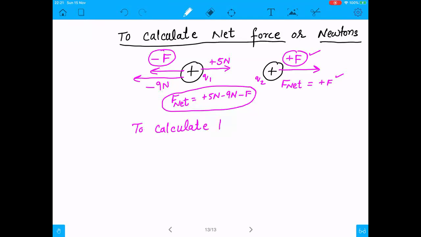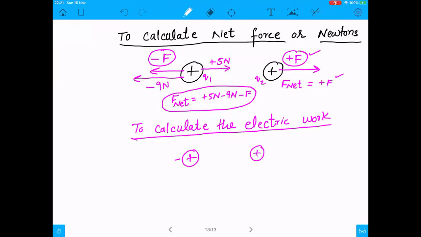When you want to calculate the electric work, or electric joules, or even gravitational work, for the repulsion as a whole, the repulsive forces F and F, since we take the displacement outwards in any case, the force which is in the direction of the displacement vector will be given a positive sign.